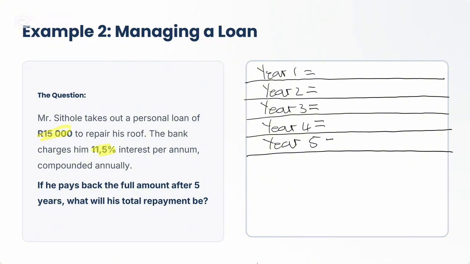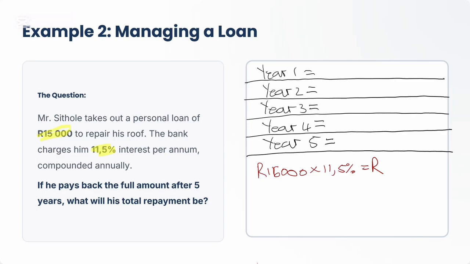Okay, so we're going to take the principal amount, 15,000 rands, multiplied by 11.5% interest, which should be equal to 1,725.